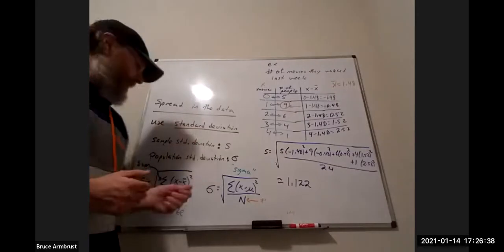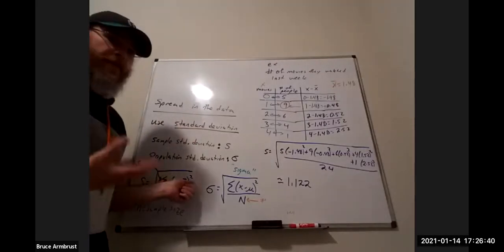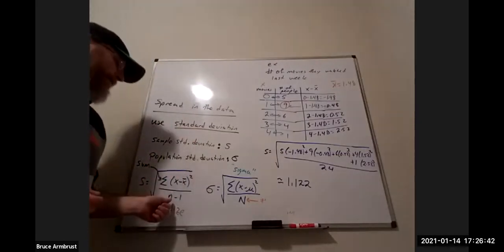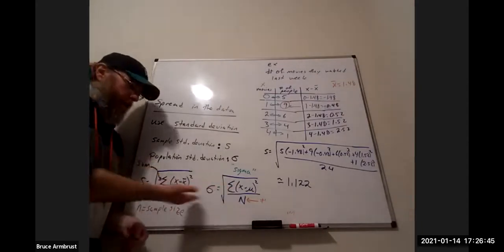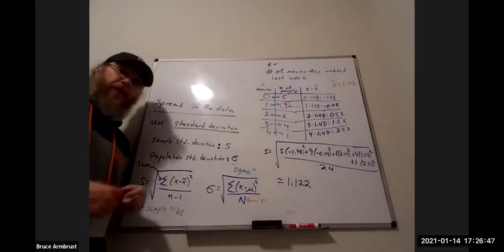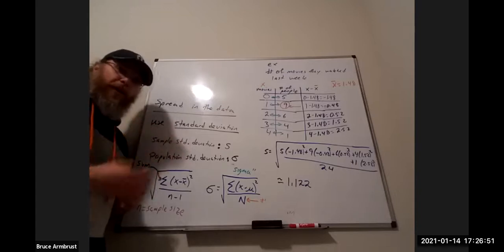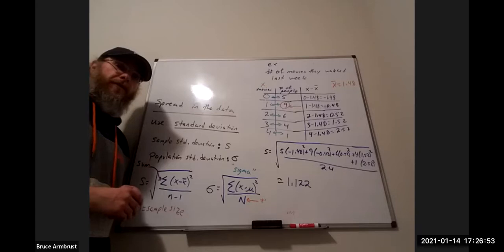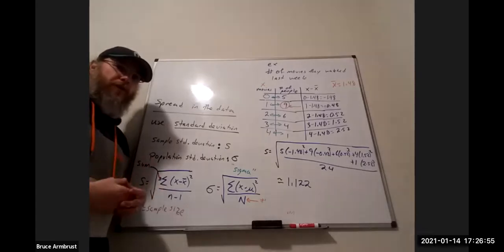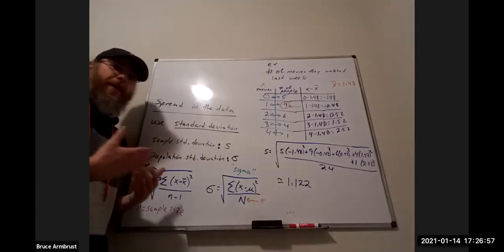And then I take a square root to cancel off the square. Now, why I divide by big N or N minus 1 is to make it an average. So it's basically the average square of that difference, with its square root. So that's why it's giving me a measure of spread.